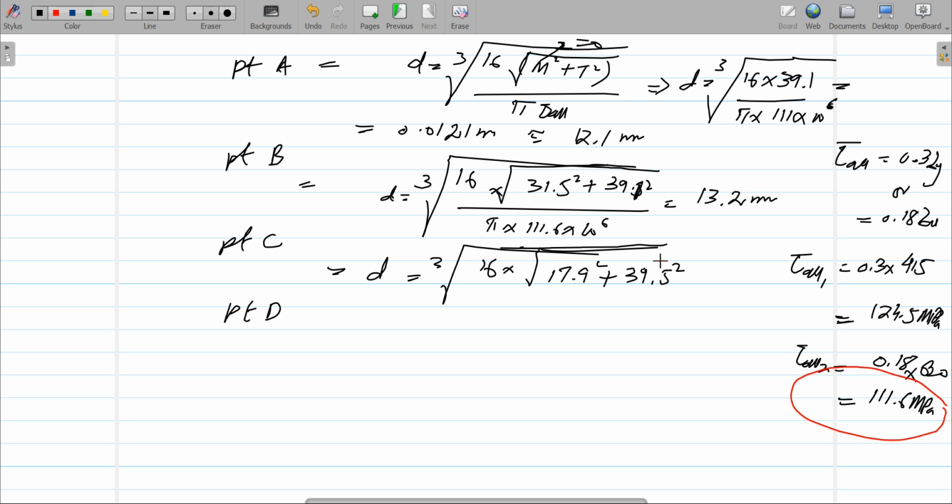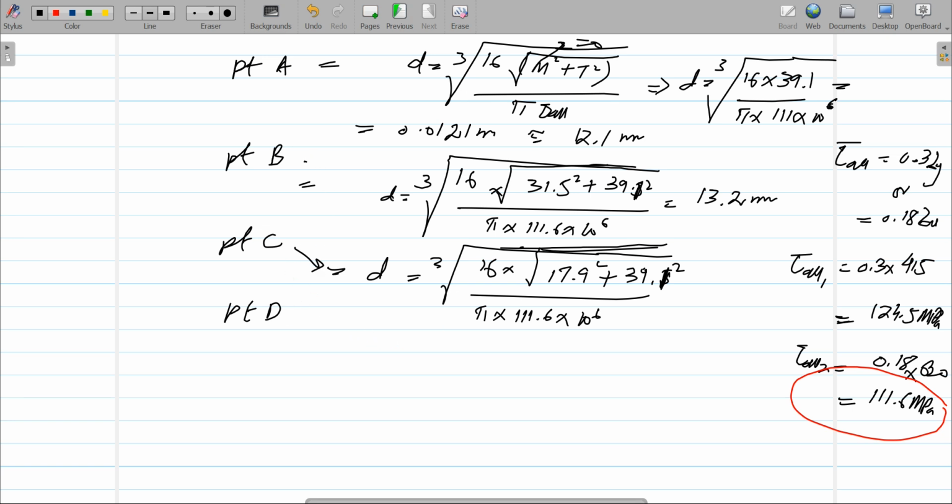So 39.1 square, divided by pi into 111.6 into 10 to the power 6.